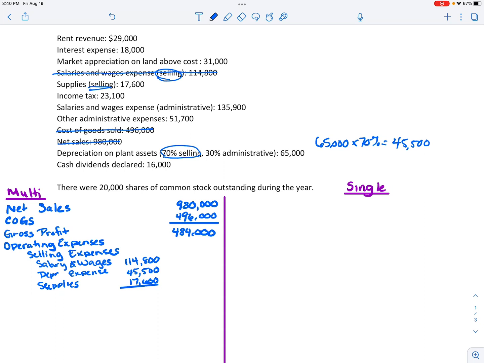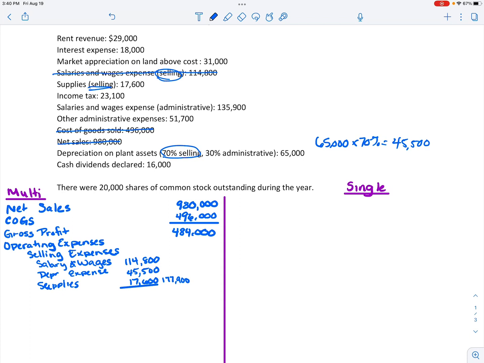I didn't give myself a lot of room here because I wanted to show you the comparison. But if I add these all up, it comes to 177,900. I would just do a total column right next to that. So this is technically looking at 3 columns. I just can't write small enough.